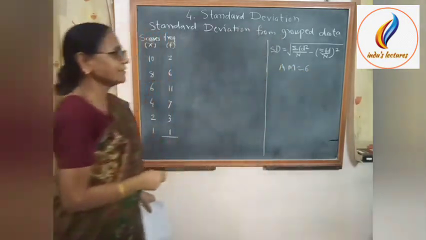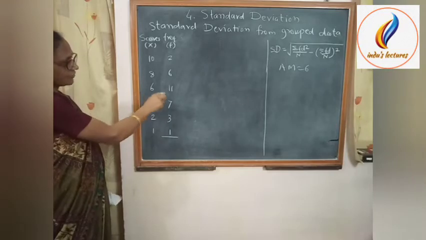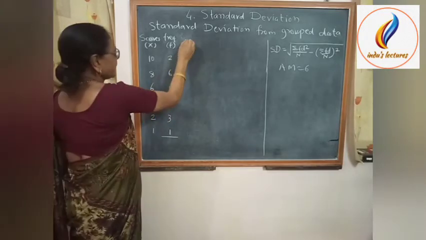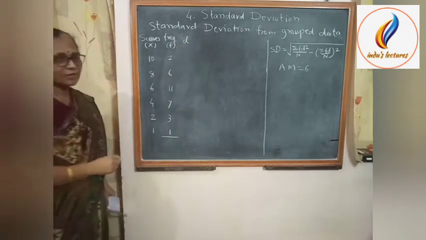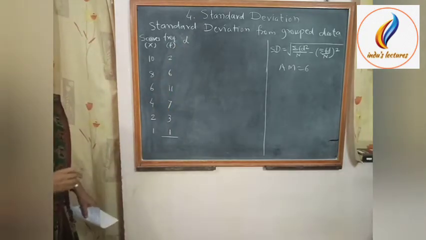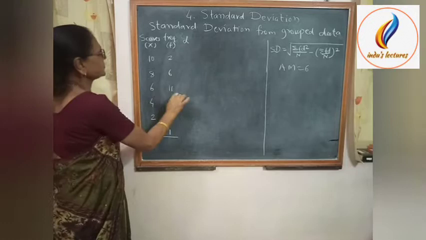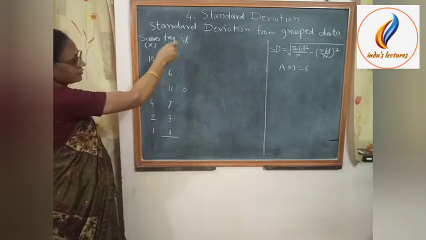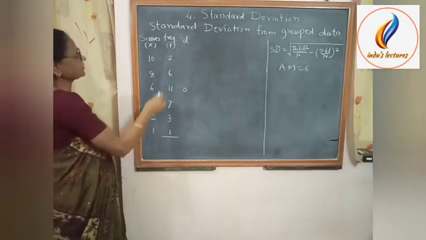Now take the deviation of each score from the assumed mean 6. So we calculate the next column as deviation D. Deviation of 6 is 0, or we can calculate it serially also.